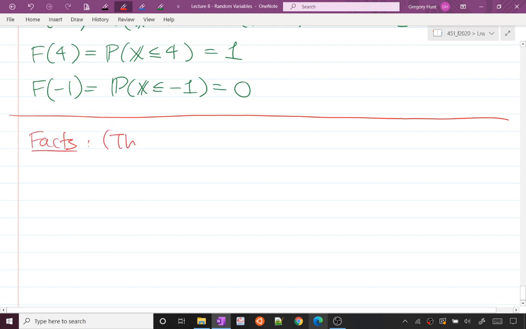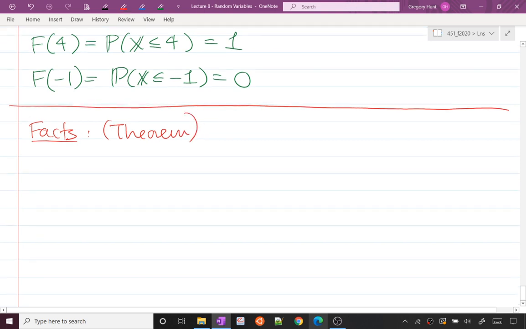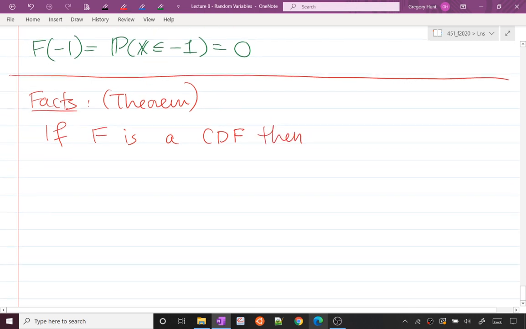Call this a theorem. I'm not going to prove all parts of it, but we're going to talk about some parts of it. Okay. So what are the facts that are true? If F is a CDF, then fact 1: 0 is less than or equal to F(x) is less than or equal to 1 for all x.